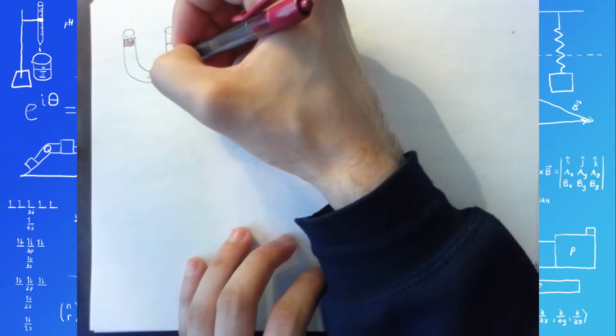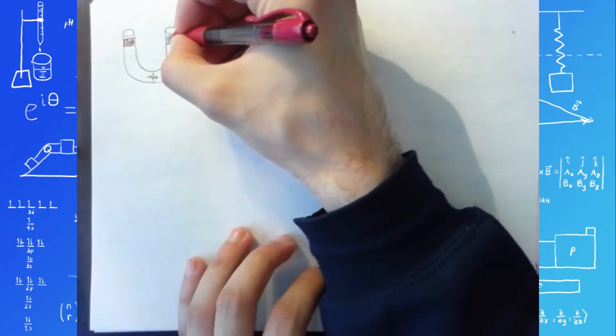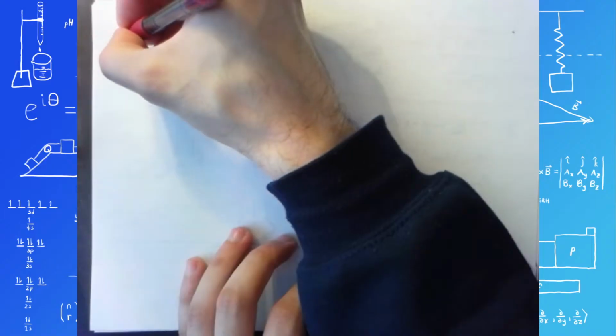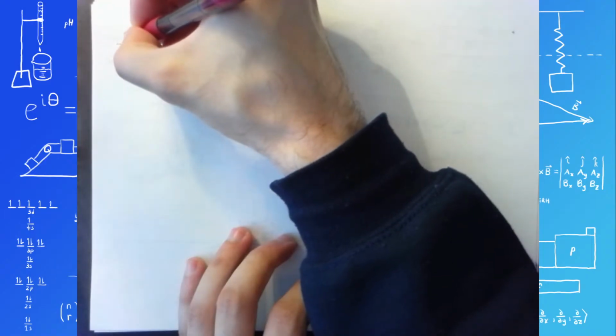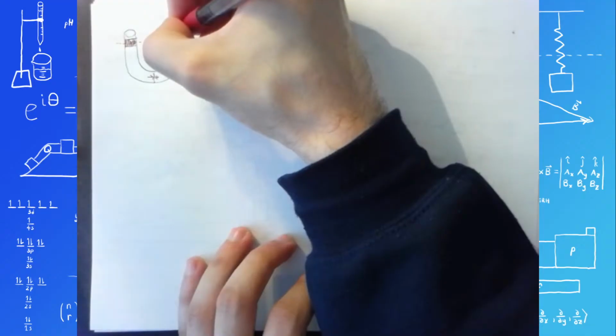So more pressure here, therefore more pressure times area, therefore more force. That would cause some sort of net flow over to the right until eventually this level goes down to here, and this level rises up.